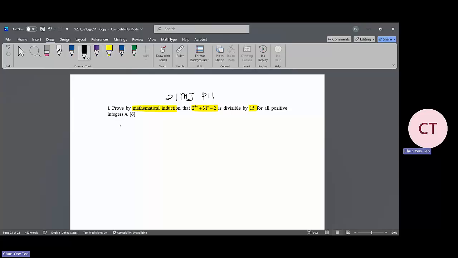So what you need to do, usually I will just let the expression over here be called Fn, 2 to the power of 4n plus 31 to the power n minus 2. So when n is equal to 1, I have F1 is equal to 2 to the power 4 plus 31 to the power 1 minus 2.